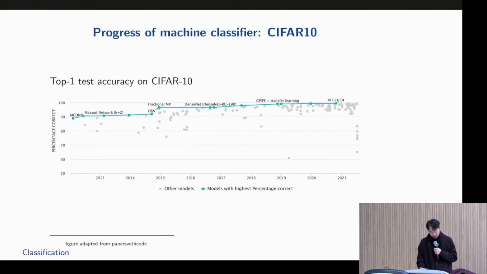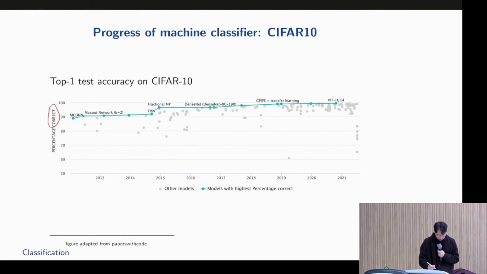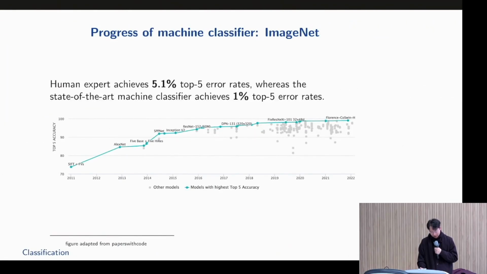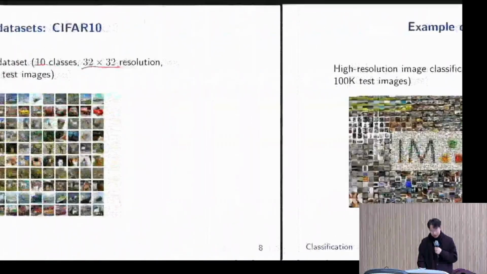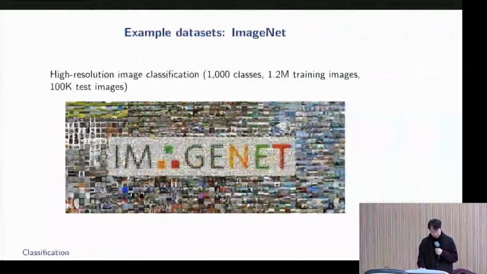And CIFAR, I would say, is a solved problem. If you look at the classification accuracy, you get a near-perfect score. And so is MNIST. So I would say these are for sanity checking your custom-built classifier and seeing if it's doing something correct or not.